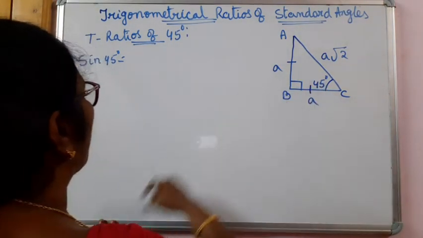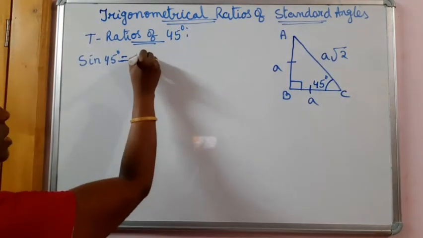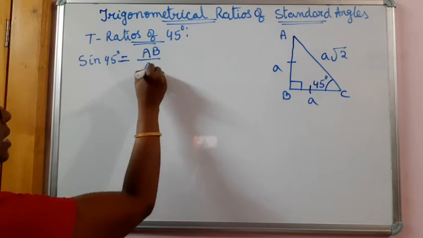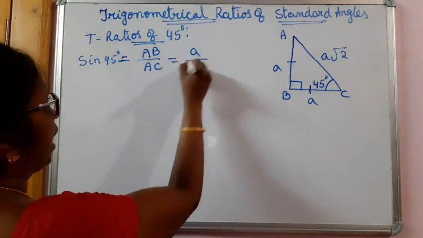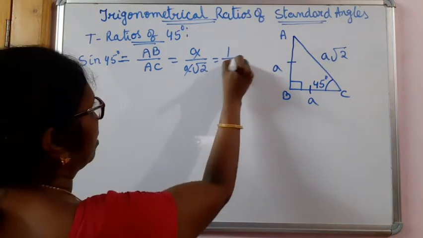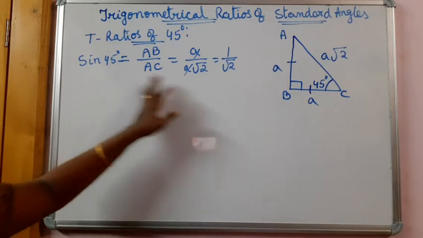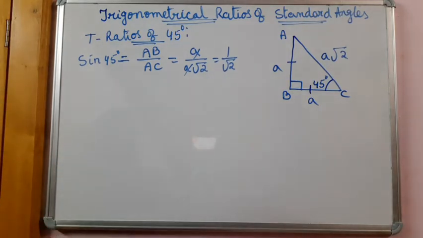So sin 45 degree is opposite side by hypotenuse, that is AB by AC, where AB is A, AC is A root 2. When A is cancelled, we'll get 1 by root 2. So the value of sin 45 degree is 1 by root 2.